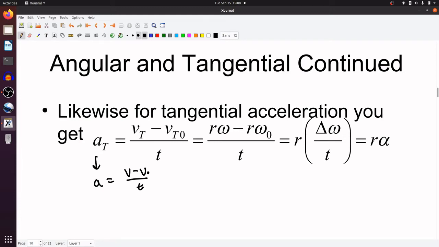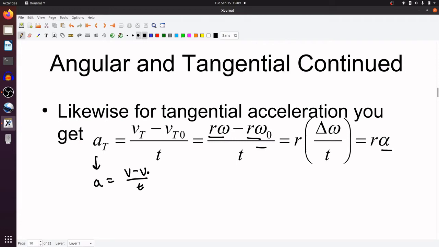So I just put them in with respect to tangential: the final or instantaneous tangential velocity minus the initial instantaneous tangential velocity, divided by t. And we know from earlier that that's equal to r omega. So subbing in r omega naught, pull out your r, and that gives you delta omega over t. And what's that? Well, that is nothing more than your angular acceleration.